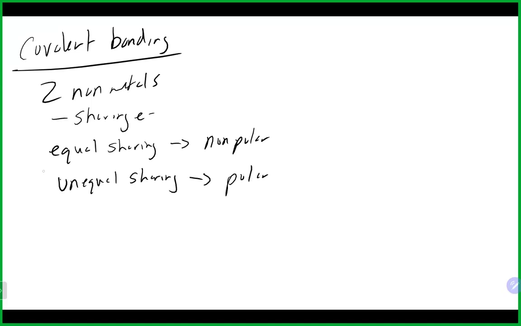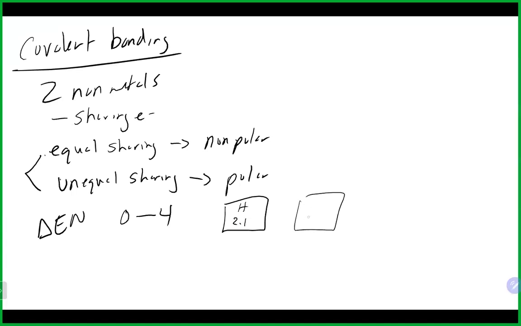And remember that you could figure this out by using the difference in electronegativity values. So for example, there's that scale of electronegativity values that go from 0 to 4. So if we did something like hydrogen, which is 2.1, I think, and carbon, which is 2.5, and we do the difference there, just take the larger number minus the smaller number here, gives you 0.4.